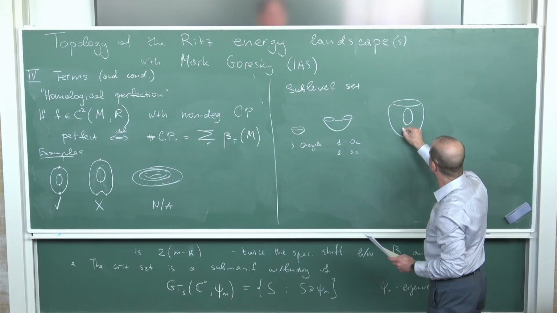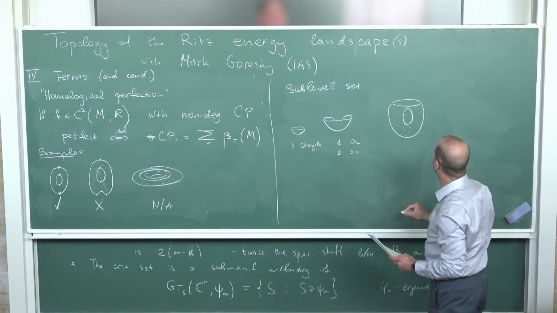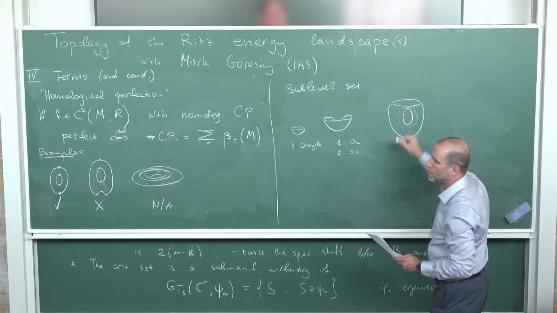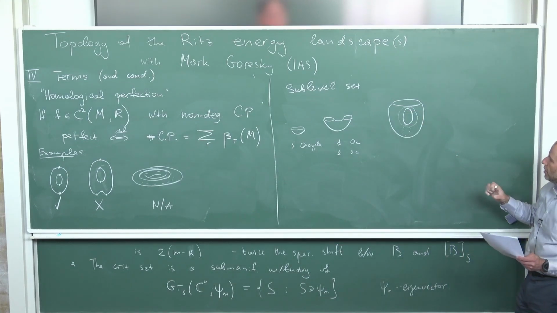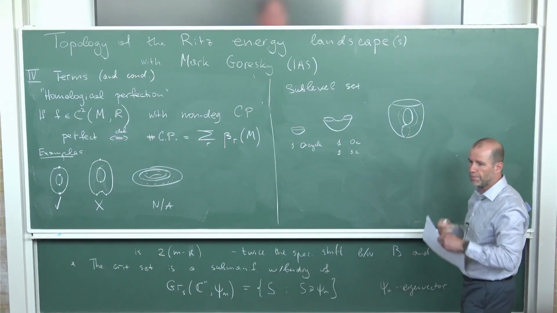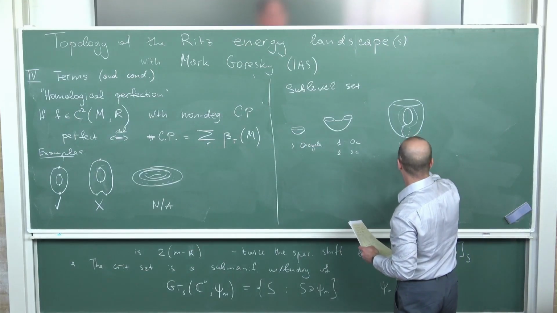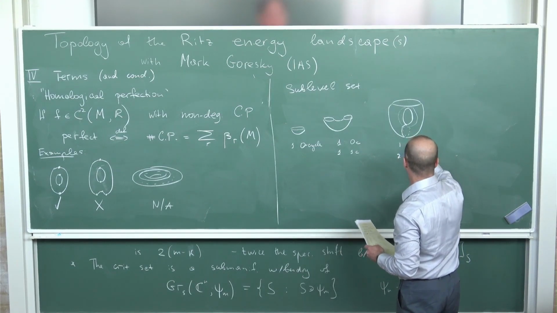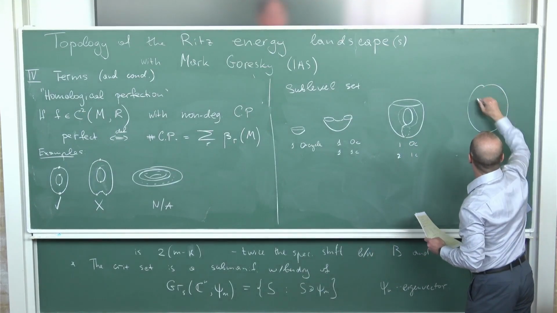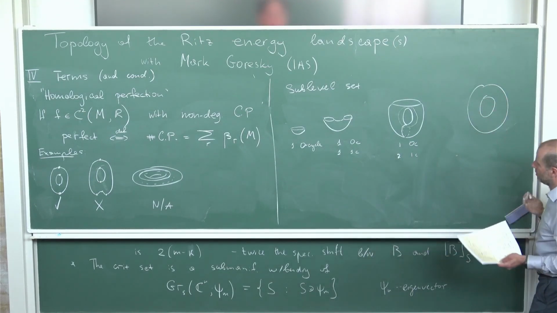And now I have a cycle still like this, but also I can now squeeze another cycle going like this, and it's not contractible, and it's not the same as the other one. So we have another one cycle, and then finally, once everything is together, the two cycles are a little bit hard.